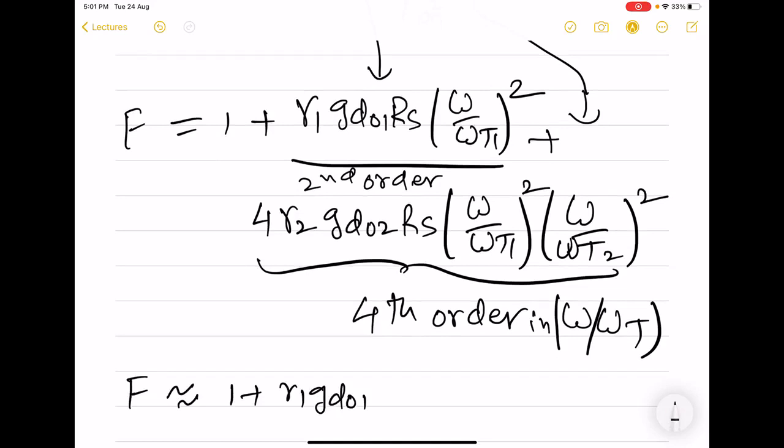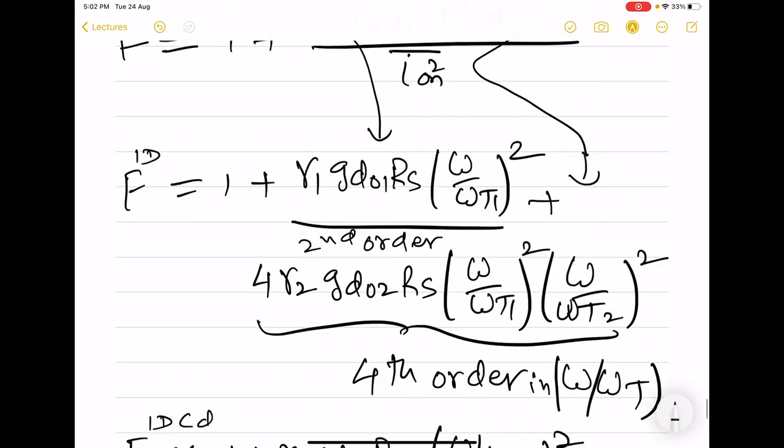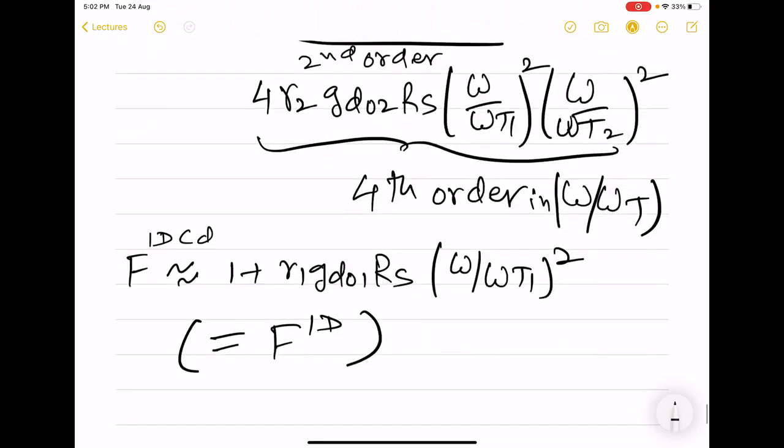This is GD01. And recall that this is actually exactly equal to the noise factor of inductively degenerated LNA. So here we see that the noise factor of inductively degenerated cascode, so this ID cascode, is approximately equal to that of the ID case.